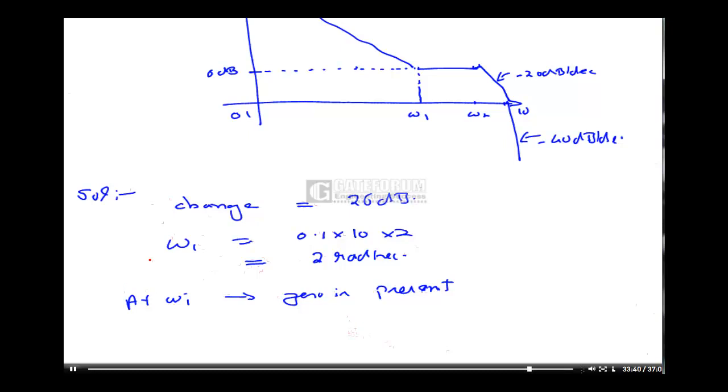That's why it is a straight line from omega 1 to omega 2. That means there is a pole at omega 1 equal to 2 radians per second. Next, between omega 2 and 10, the slope is minus 20 dB per decade. The value I know is minus 6.